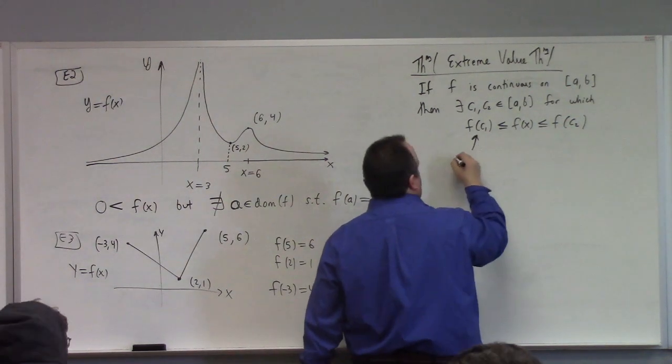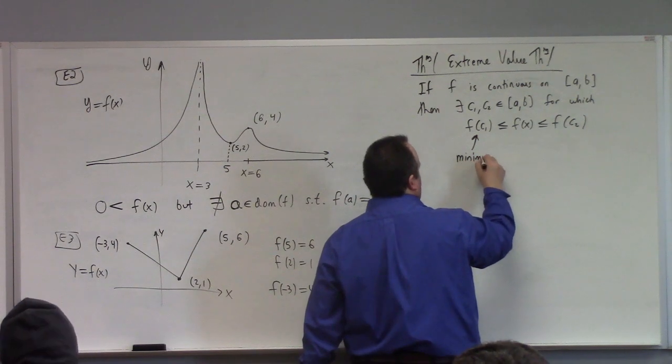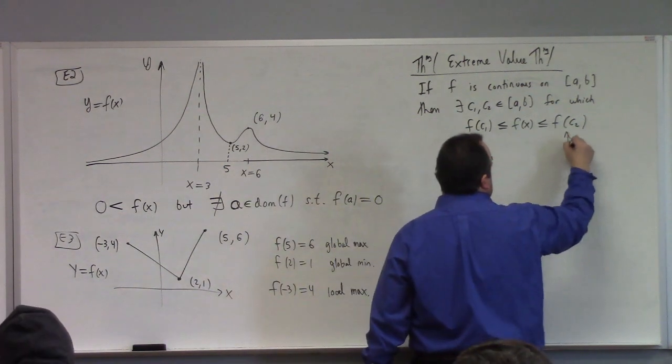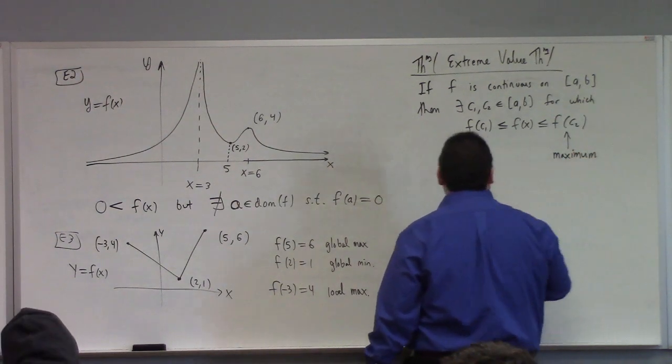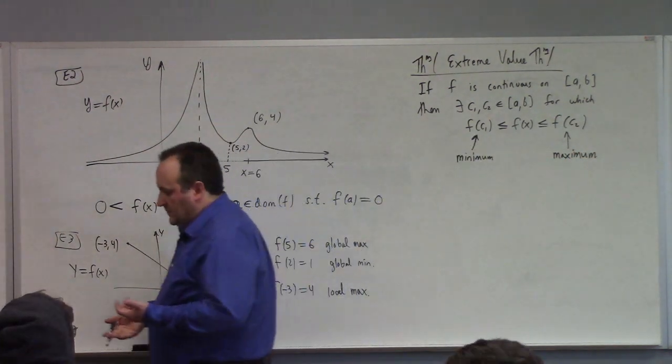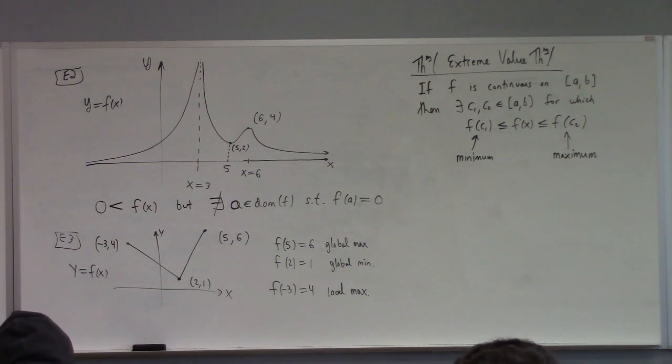So this is your minimum, and this is your maximum. In other words, the extreme value theorem says for a continuous function on a closed interval, you will attain your minimum and your maximum. It's inescapable.